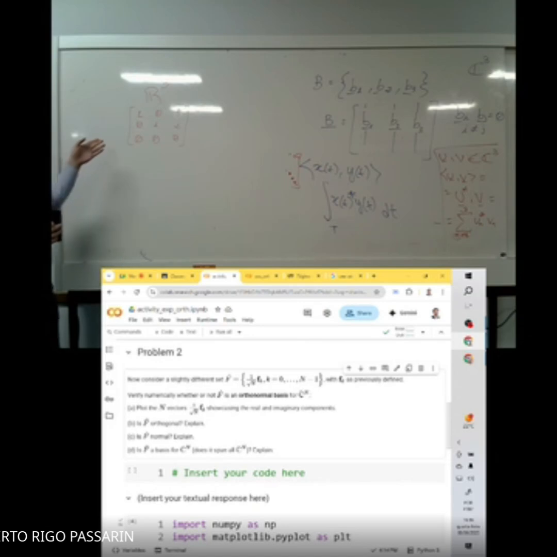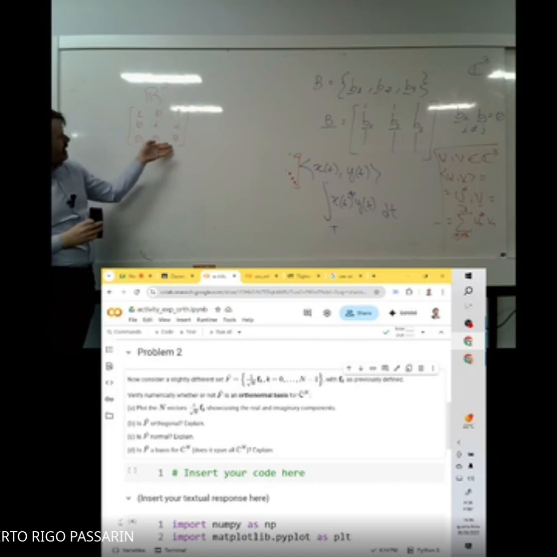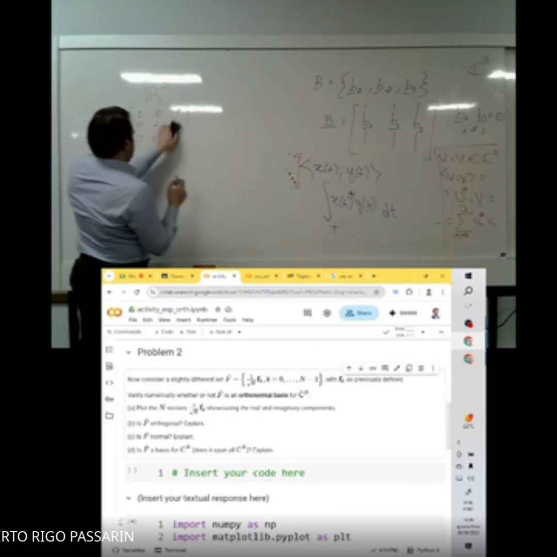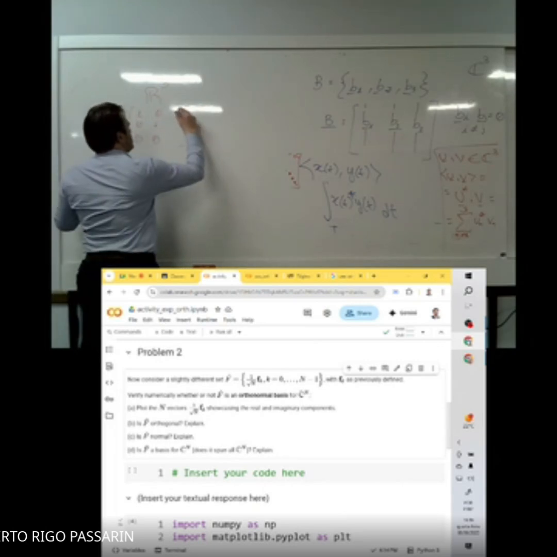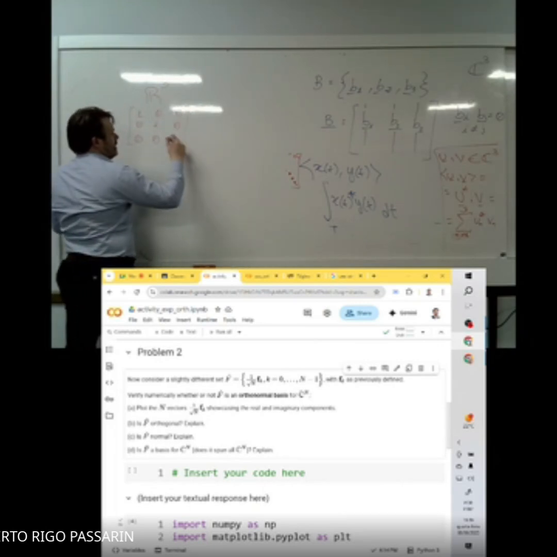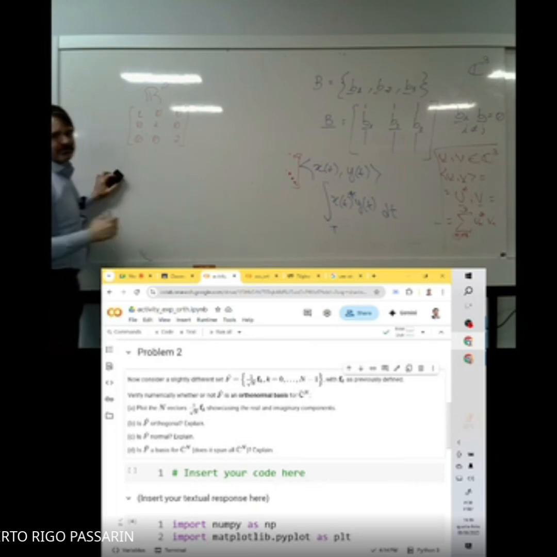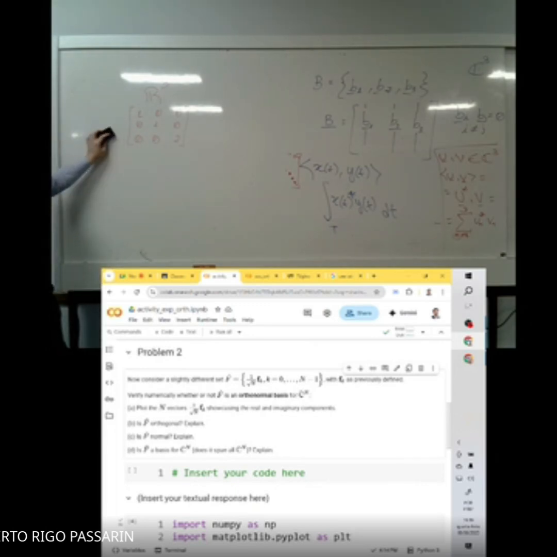If I put this vector 0, 0, something, say 0.2, then it's complete. It's a basis for R3, because these three are independent.